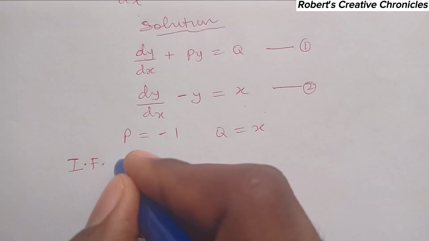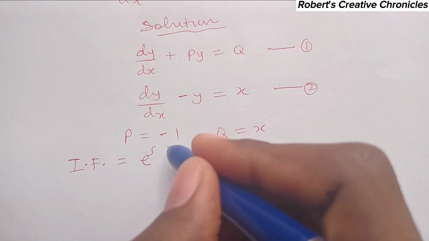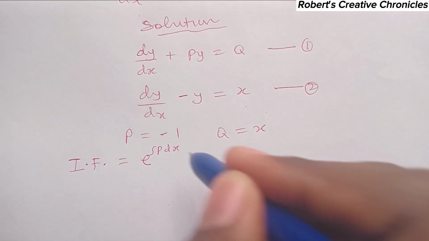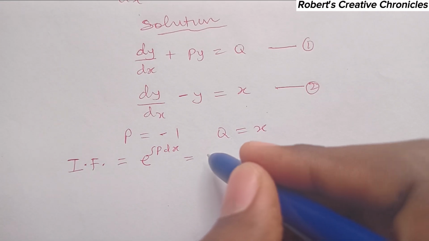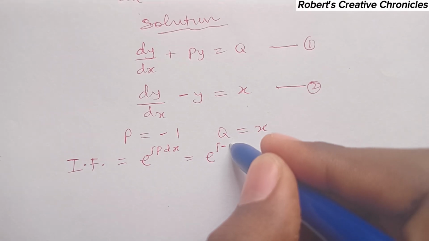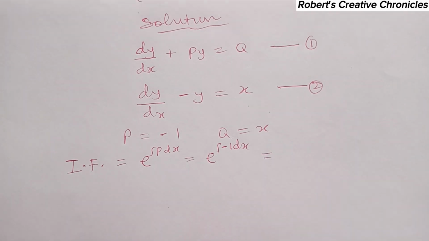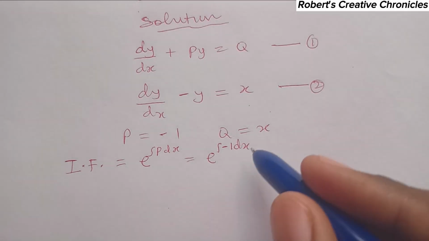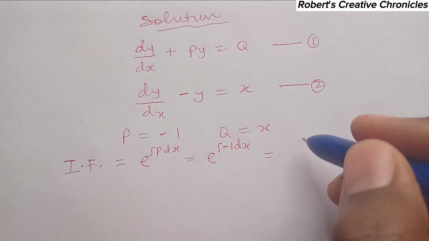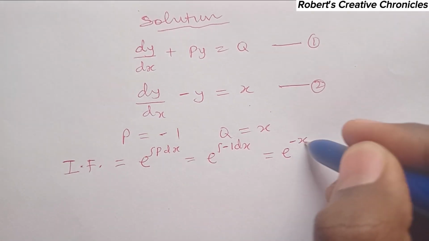So our IF is equal to e to the power of the integral of P dx. Our P is negative 1, so it will be e to the power of the integral of negative 1 dx. The integral of negative 1 dx is what? It is negative x. So this will be e to the power of negative x.